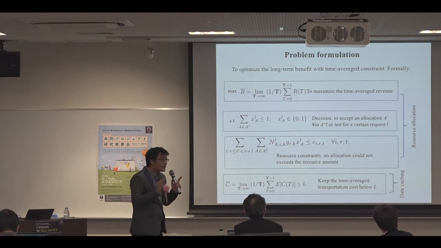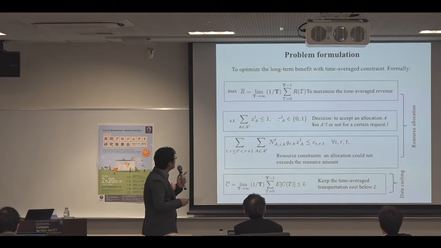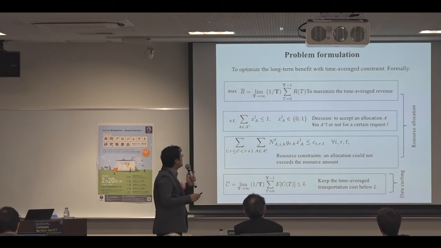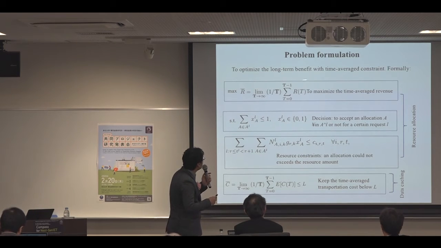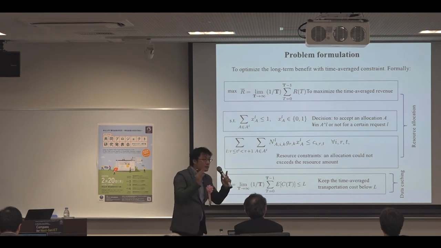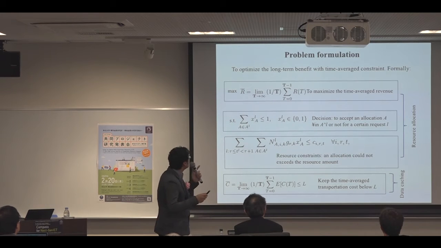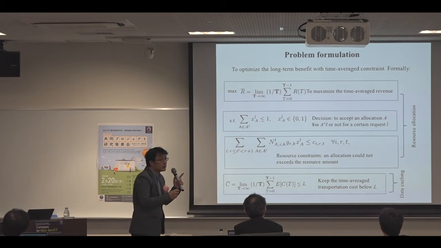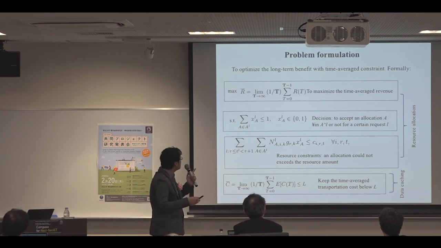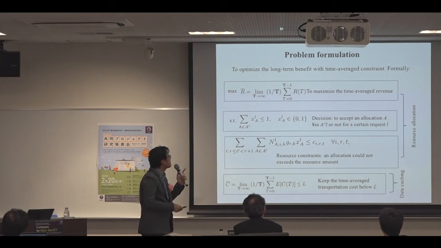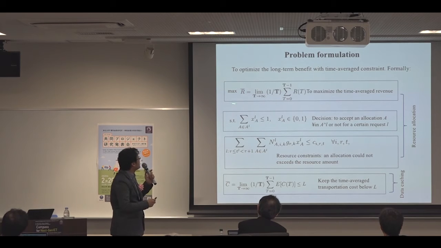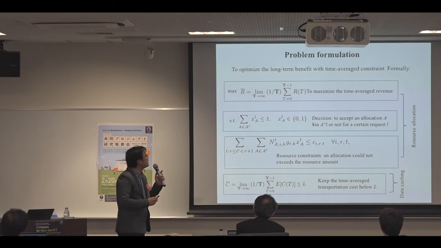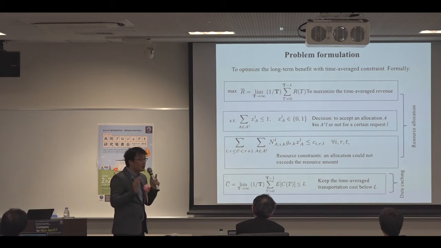The long-term revenue has a time-averaged formulation. R_t is the revenue from time slot t. We sum the revenue of all the time slots and divide it by the number of time slots. The result is the long-term benefit of the provider.